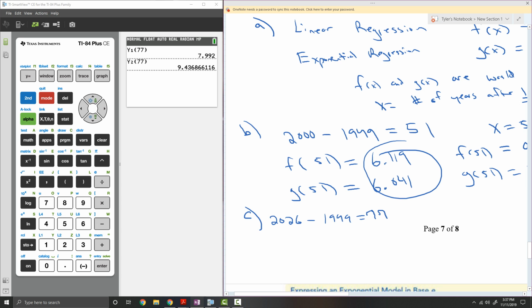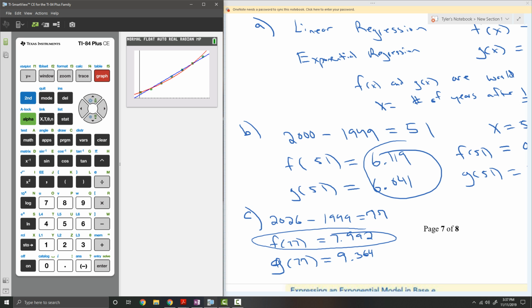So we're trying to see which model is a good predictor for 8 billion people in the year 2026, right? We found f of 77 to be this 7.992 number, and g of 77, which is the exponential function, was 9.364. So the linear function is going to do a better job for predicting the 8, because the exponential is way over, right?